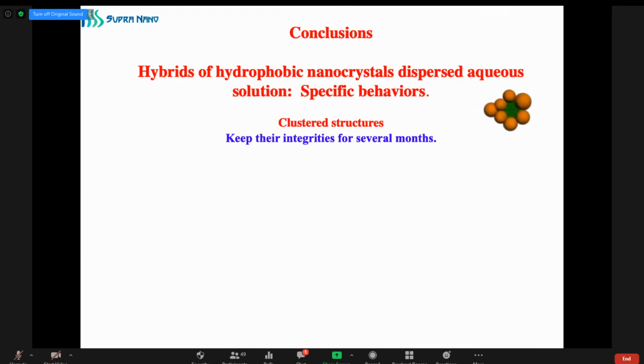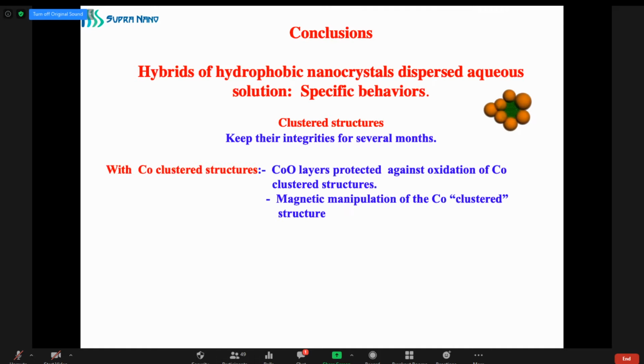So in conclusion, I hope I convinced you that we have developed some new concepts. The cluster system, which is supracrystals coated with biomolecules, keeps its integrity for a long time.